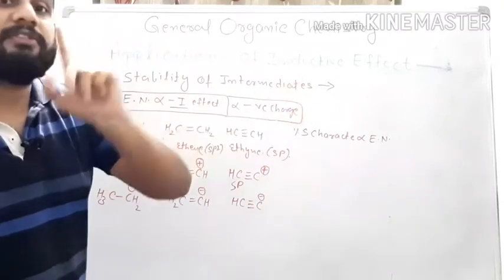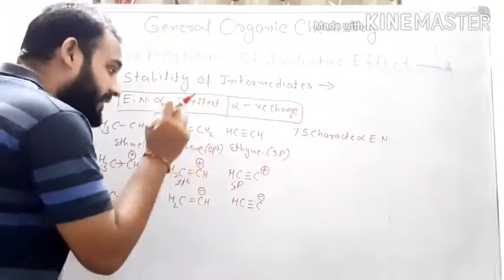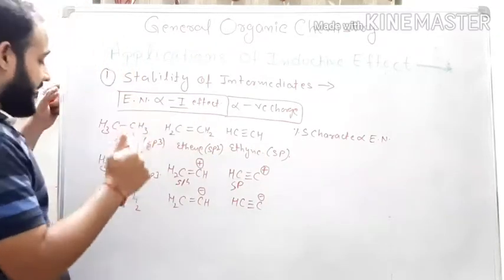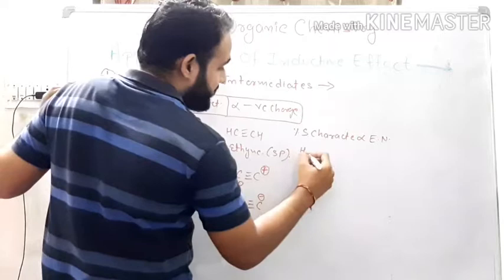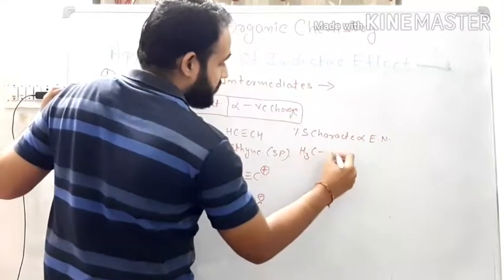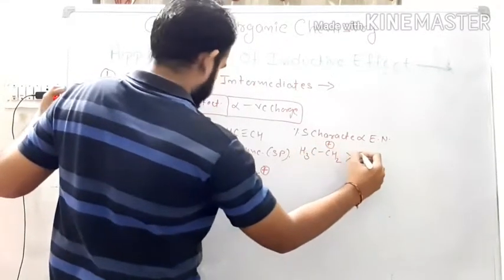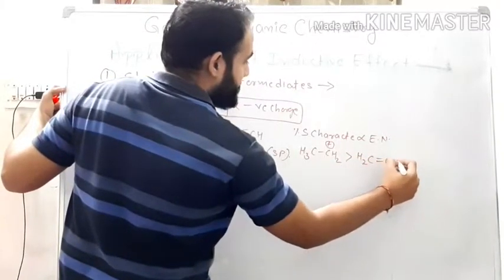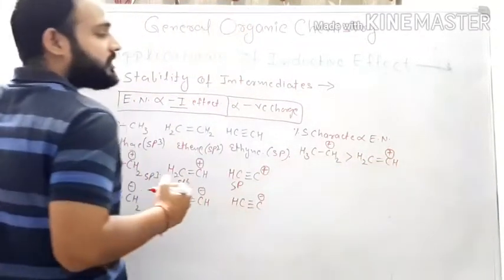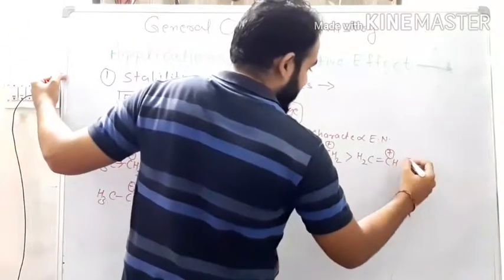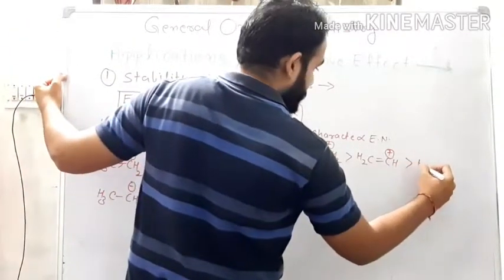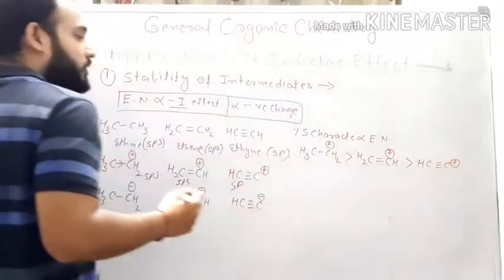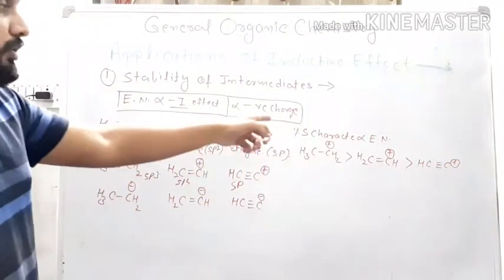So when you compare the stability of cations of these hydrocarbons, the most stable cation is CH3 CH2 cation, then CH2 double bond CH cation, then last is HC triple bond C cation, because of this concept.